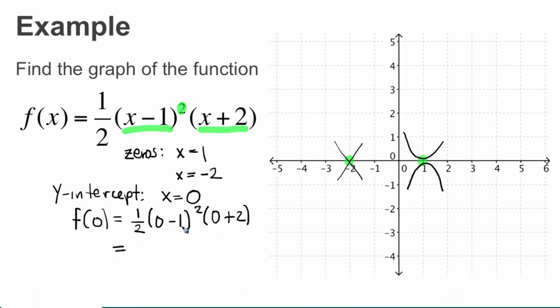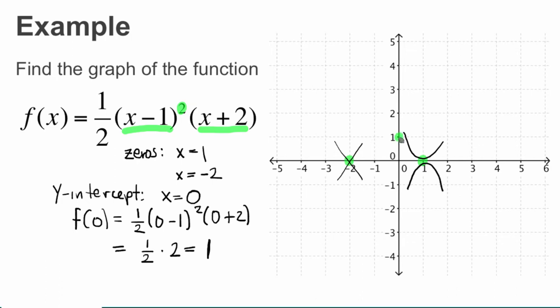Well, 0 minus 1 is minus 1, but then it gets squared, so it becomes positive. So we just get 1/2 times 0 plus 2, which is 2. So 1/2 times 2, which is 1. So that's our y-intercept, at 1. So let's plot that point.